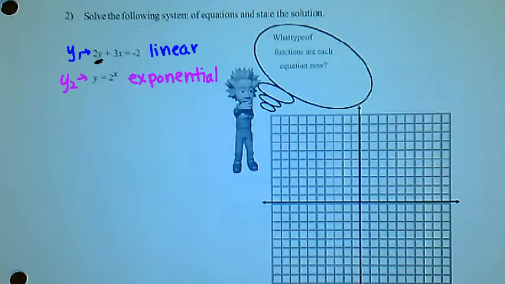Okay, so we can't quite put this into a table yet. First, I see that this needs to be solved. Okay, so what I see is I'm going to subtract my 3x.